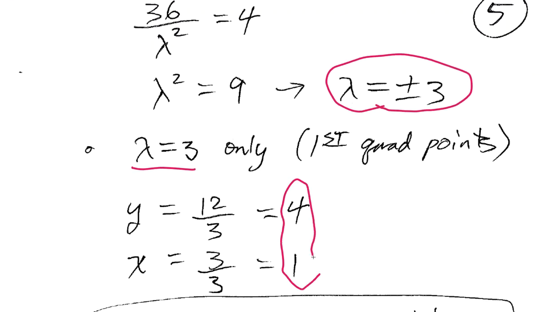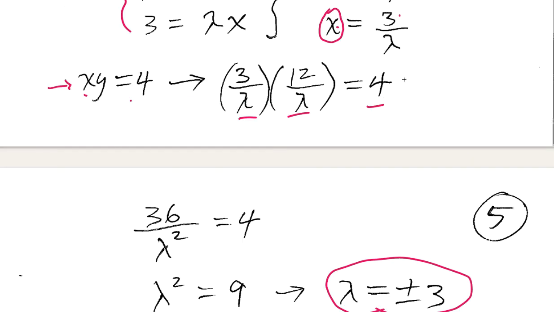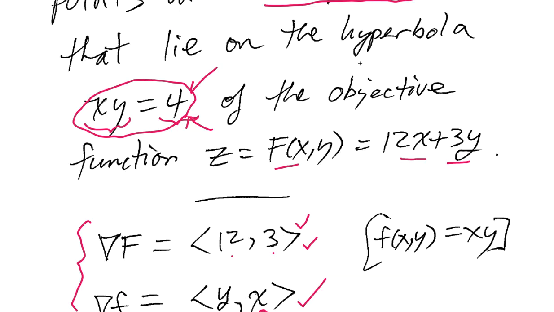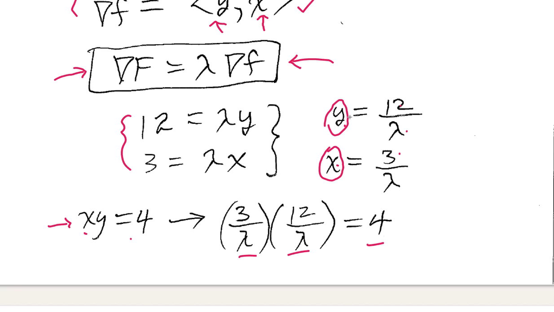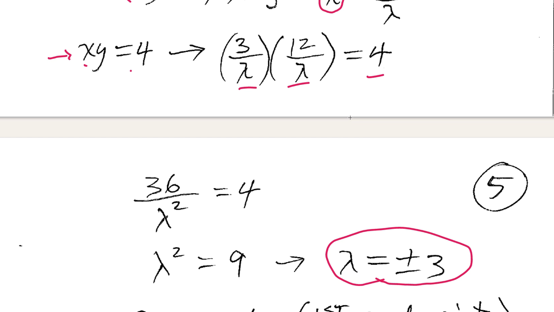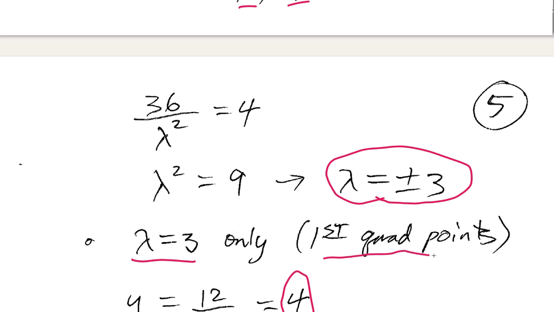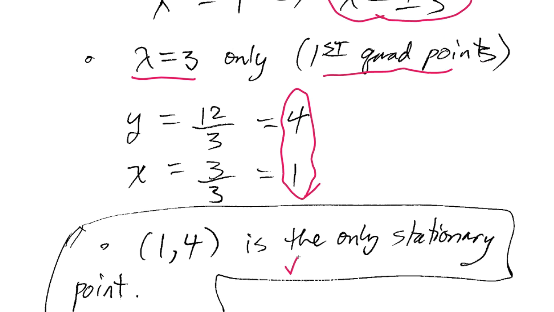Now, if lambda is negative 3, then we would get negative values for x and y. That would not be in quadrant 1, so we're not interested in that. Those points wouldn't be in the first quadrant. So we're not saying we don't have a high or low there, but we're not interested in it. Only first quadrant points. So that's the only stationary point.